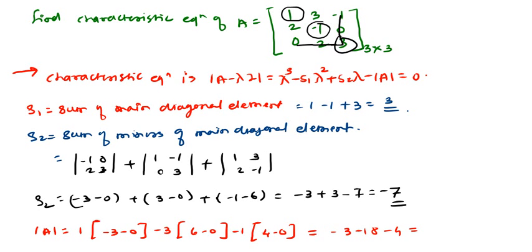Okay, so this will be minus 1 minus 18, that is minus 19. Okay, so finally we got the value for S1 equal to 3, S2 equal to minus 7, and determinant of A equal to minus 19.